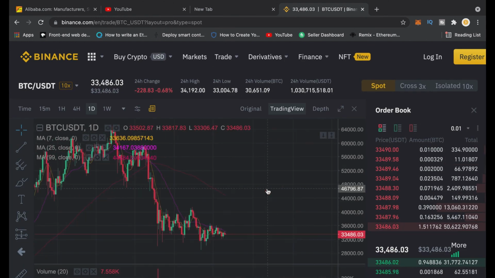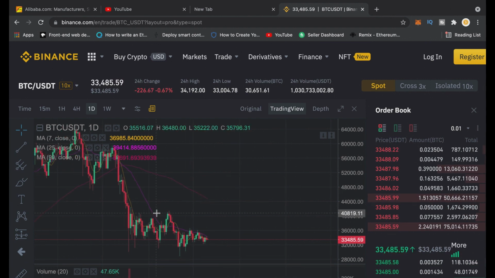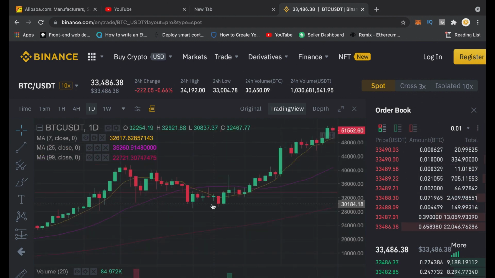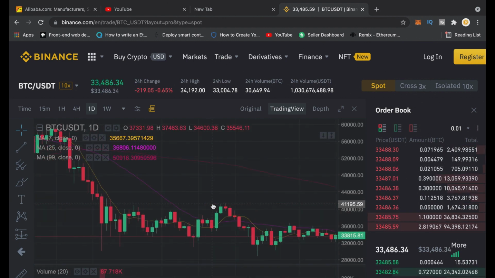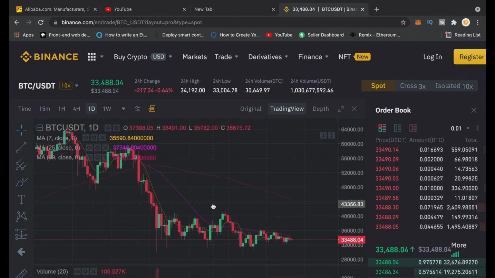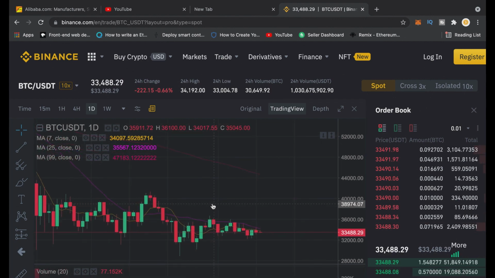If you want to draw a support, trend line, support and resistance and stuff like that, then you can actually make use of these tools here.